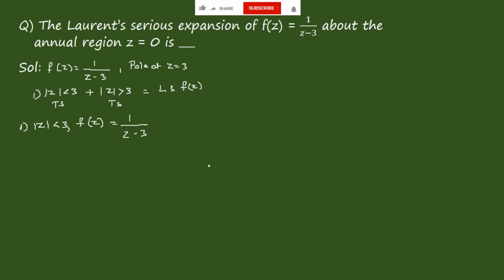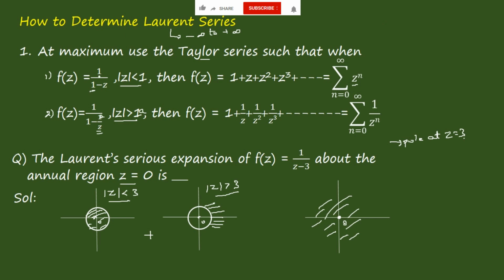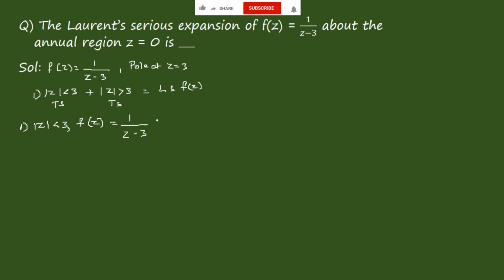As we have seen just now, it should be in the form of 1 by 1 minus z for mod z less than 1. So when converting this one, if you take minus 3 common, you get 1 by 1 minus z by 3. So we can write this expansion as f of z equal to minus 1 by 3 into 1 plus z by 3 plus z by 3 whole square plus so on.